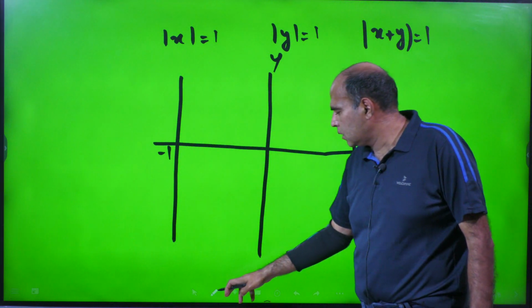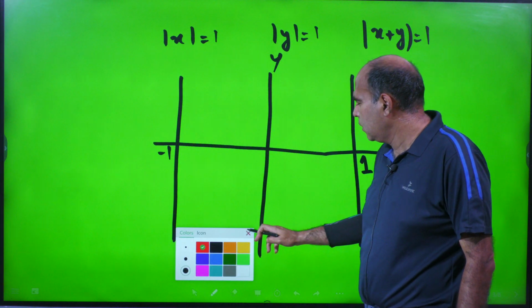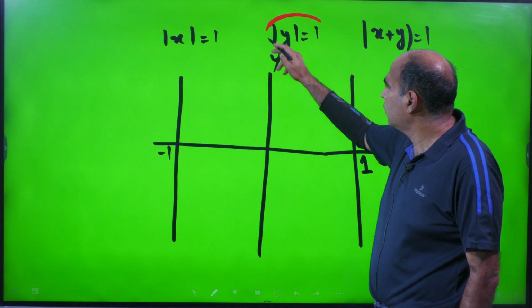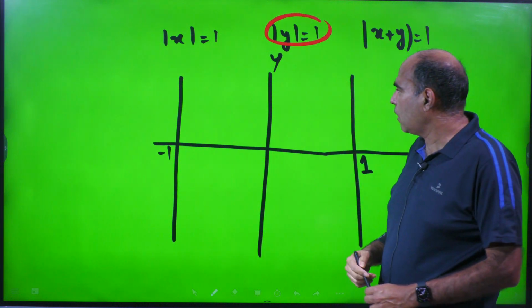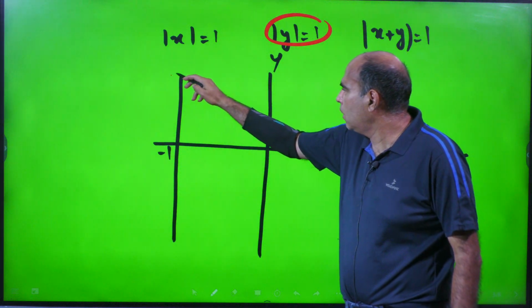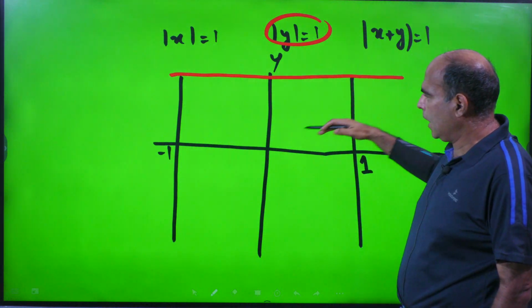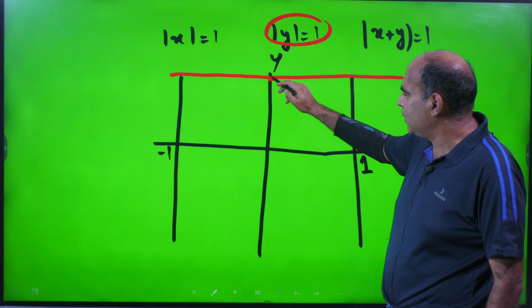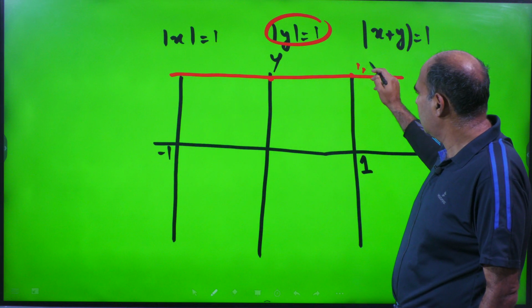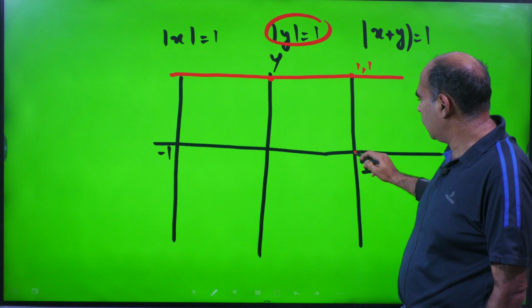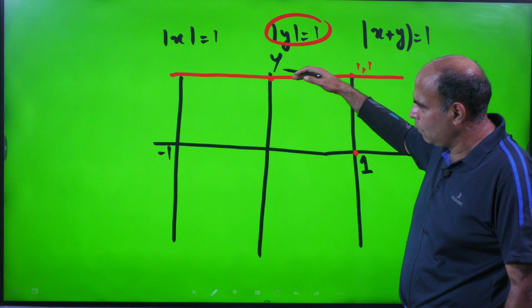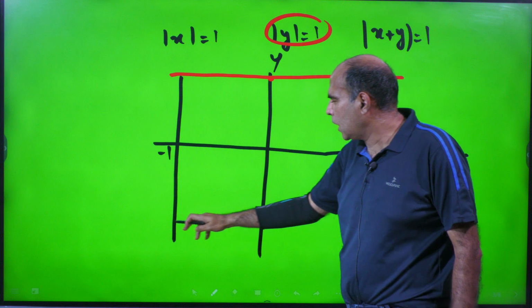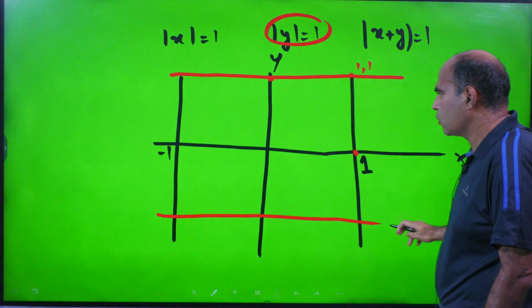And then the graph |y| = 1 will be at a height of 1 on the y-axis. So this point, for example, will be (0, 1), and this point will be (1, 1), because this is 1 on the x-axis and the height is 1. The other height of |y| = 1 will be -1.